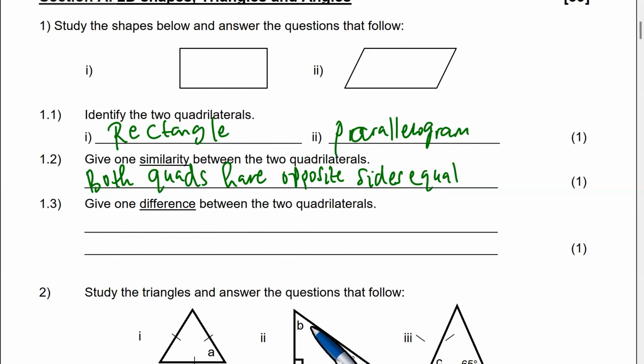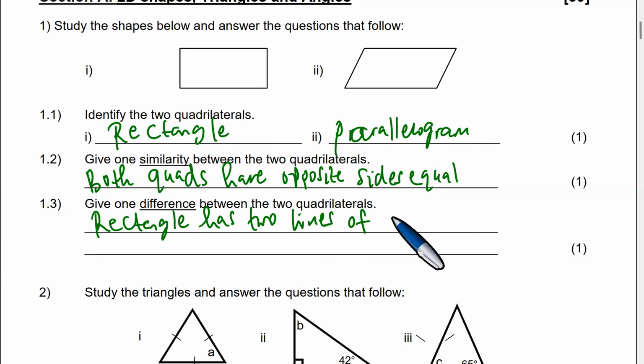All right. One thing that we know is that your rectangle, that's correct, you're right. A rectangle has two lines of symmetry.